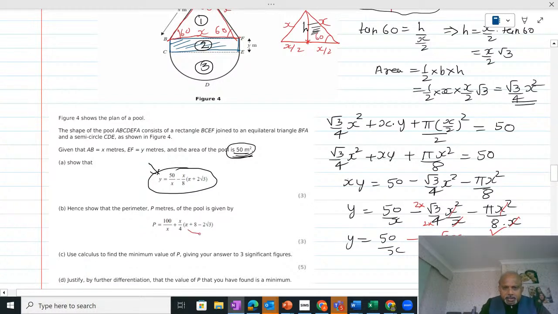You can see here in this part there is no x coming out, so that's why we are doing it. So it is 50 over x minus x over 8 outside, so we are left with 2 root 3 and plus pi. Okay, that is the end of your a part. And we got this one, 50 over x minus x over 8. This is what we got.